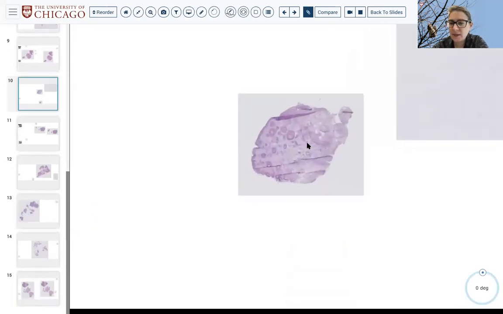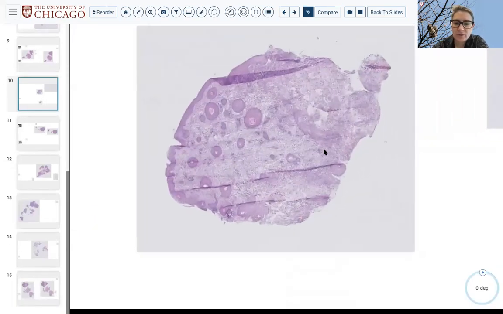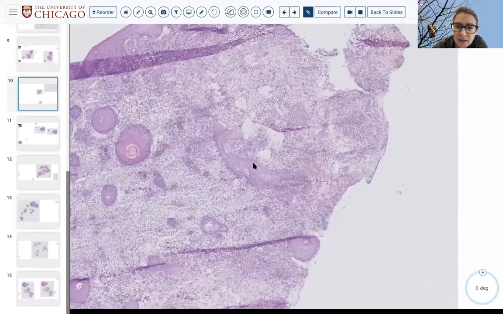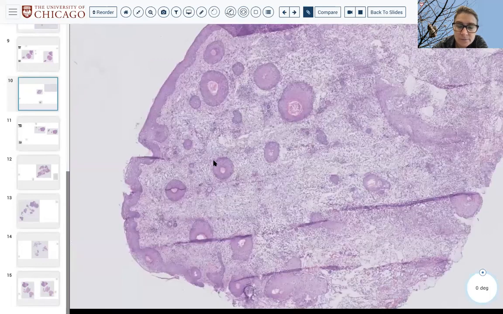And so this is the same patient with a biopsy from the skin that they were worried about, like it had a rash or something. Okay. So did anybody get a chance to look at this and comment on what they thought might be going on in the skin?